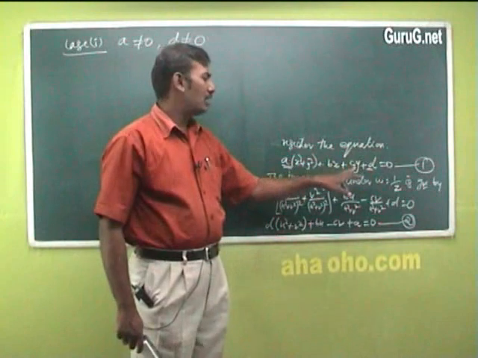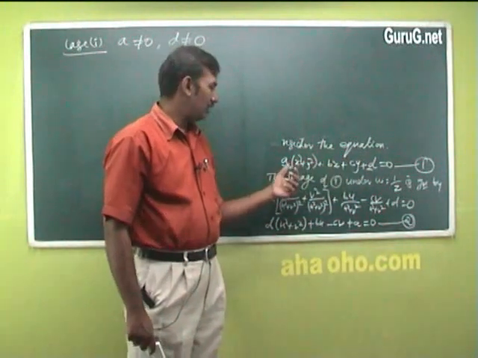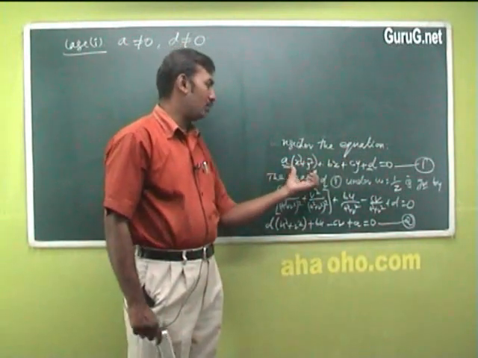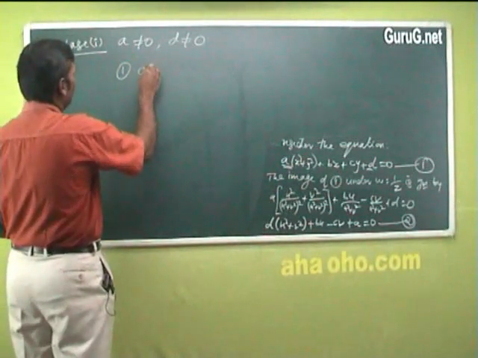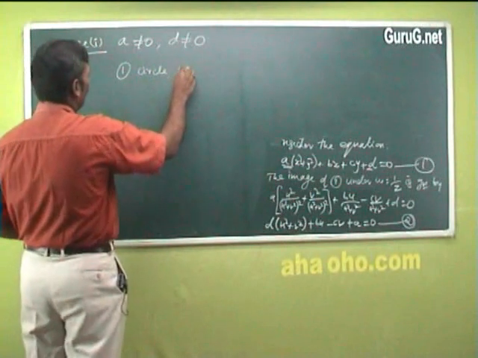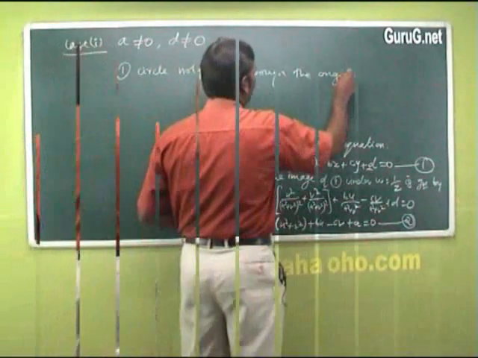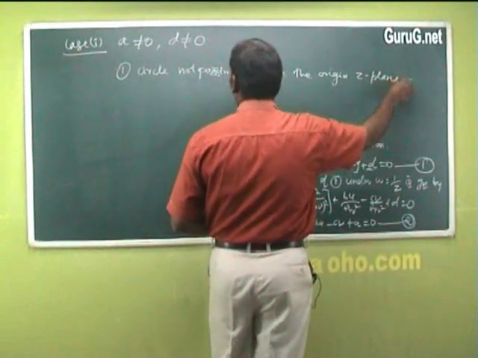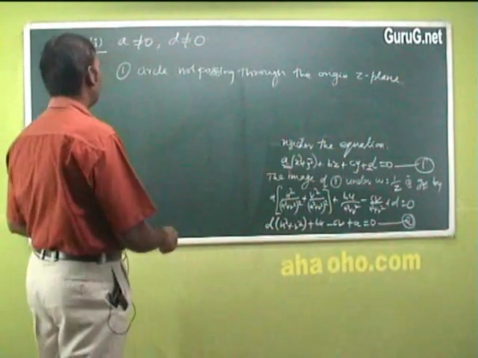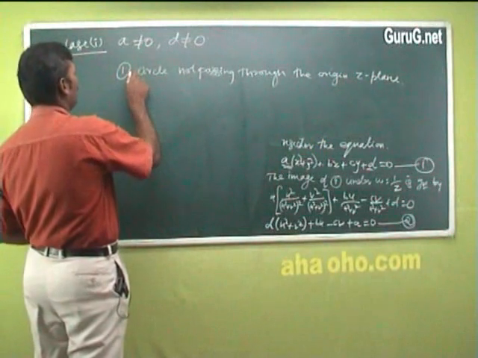So equation 1 represents a circle not passing through the origin in the Z plane.